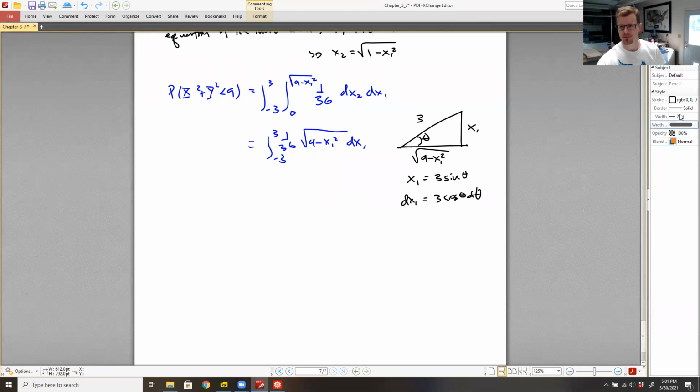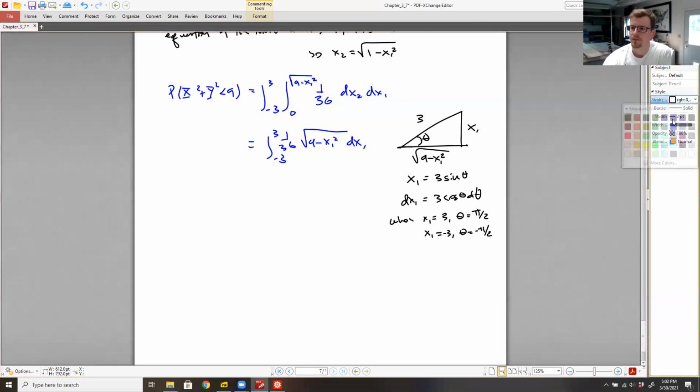And we can make those substitutions here. But one additional thing that we should recognize is that when x1 is equal to 3, theta is equal to pi over 2. And when x1 is equal to negative 3, theta is equal to negative pi over 2. So that way we can replace our integration bounds as well.